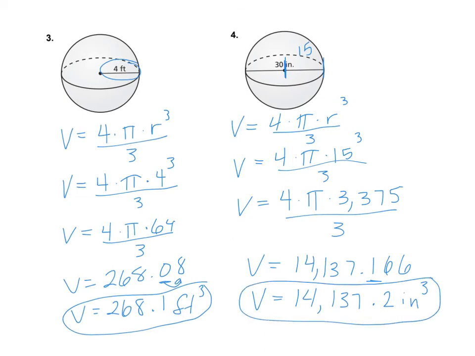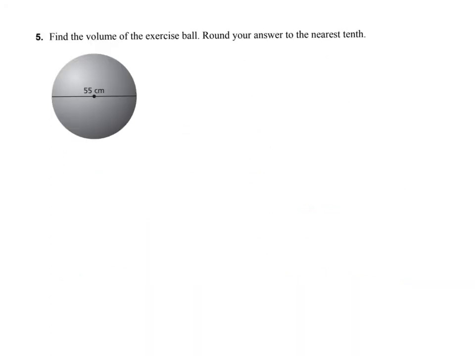Let's look at the last one. On the fifth one here, we're going to do the same thing. Exact same thing. Volume is equal to 4 times pi times radius cubed divided by 3. So this is 55 all the way across, so we want the radius.